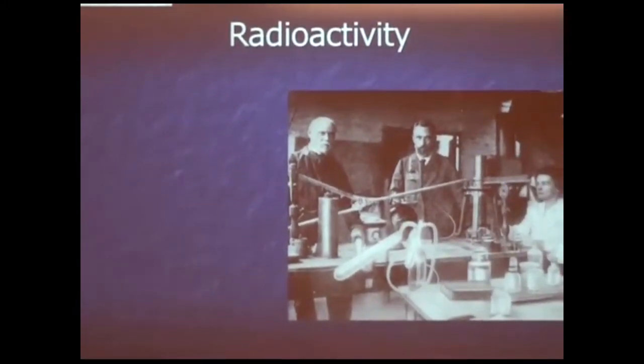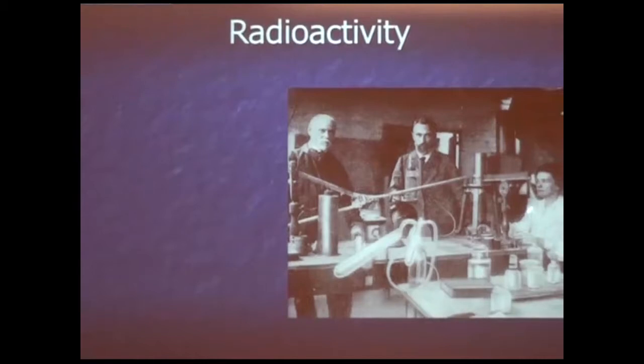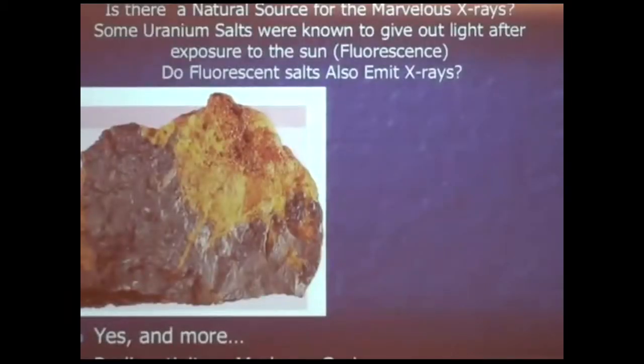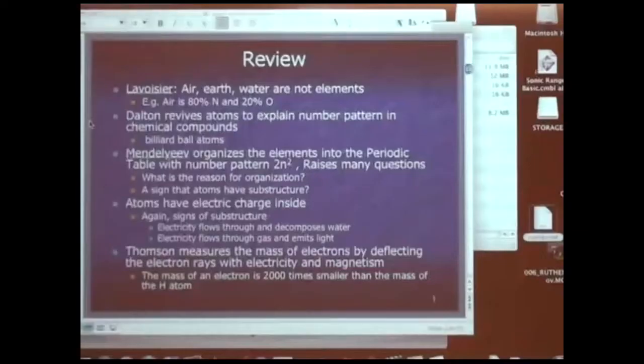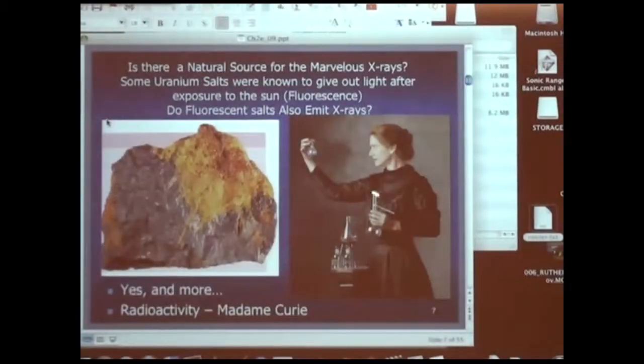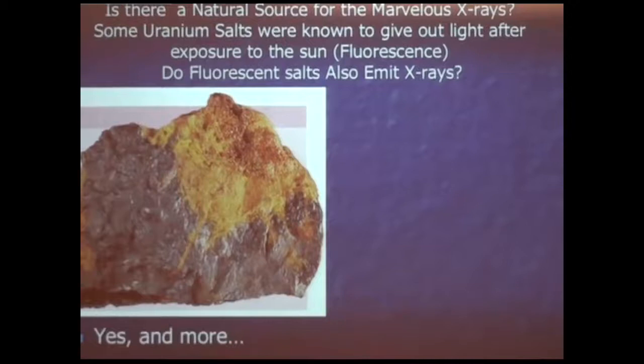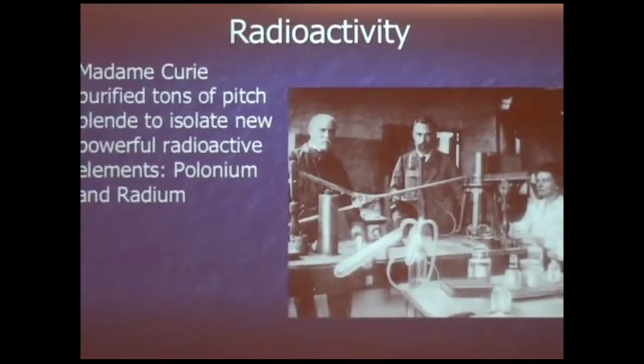This is Madame Curie in her laboratory working with her husband Pierre, and she in fact took tons of this stuff to purify, to make a tiny bit of radium or polonium. So Madame Curie worked in the laboratory to purify and isolate two new elements. Both of them were radioactive, radium and polonium.